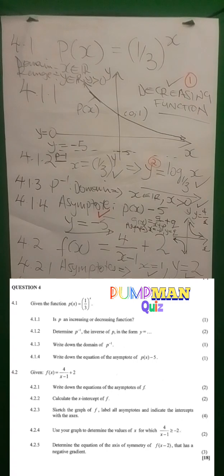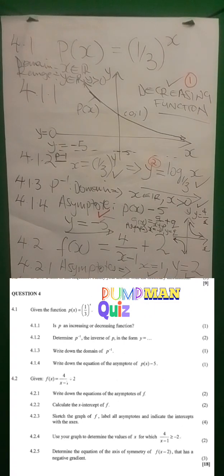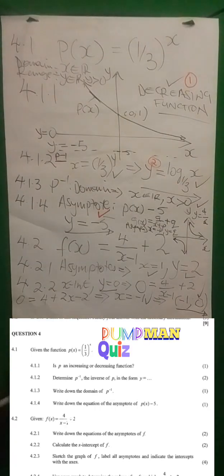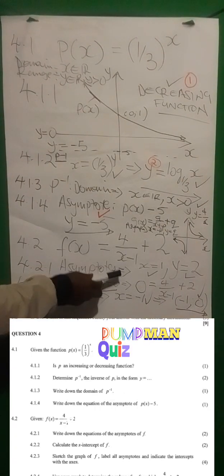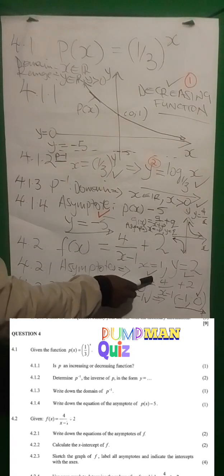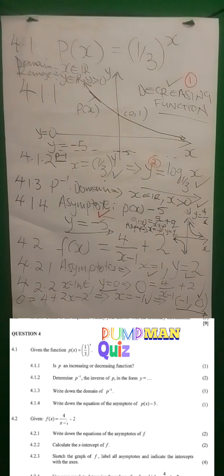Meaning to say, my lines of asymptotes are going to move with the graph from x is equal to 0 to x is equal to 1. No wonder I wrote here, my vertical asymptote is x is equal to 1. What about my horizontal asymptote?